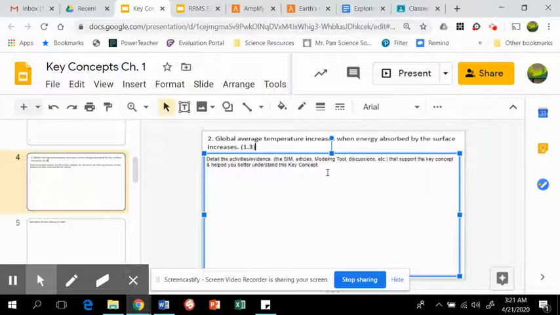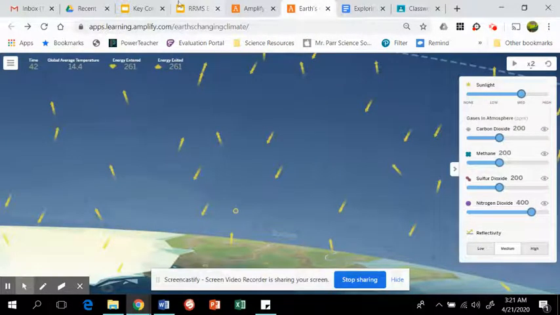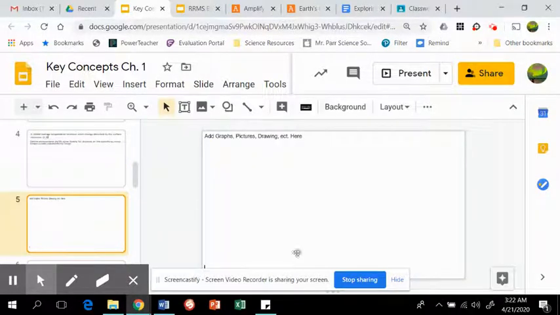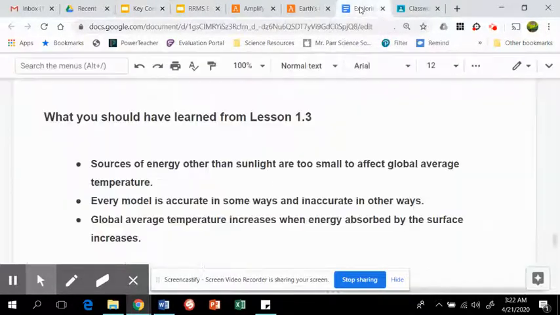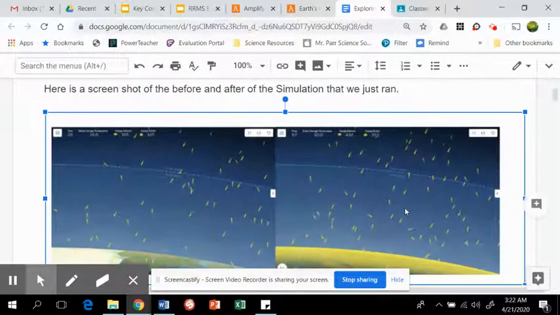We changed the amount of sulfur dioxide. We changed the amount of nitrogen dioxide to see what effect it would have on the ice. And then in the next slide, you had to add graphs, pictures, drawings, etc. And as I said, in your document, you can easily go grab that picture to put it in your key concepts, this one right here.